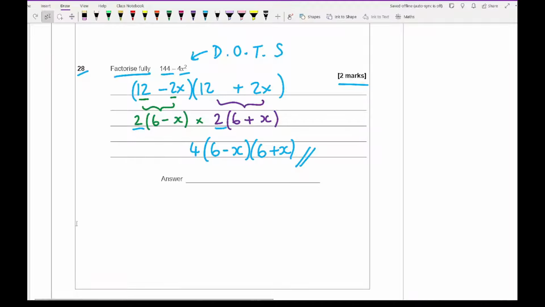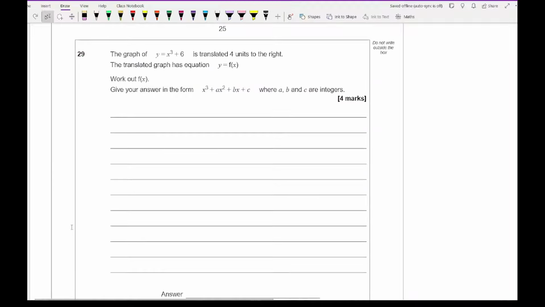Now looking at question 29, it says the graph of y equals x cubed plus 6 is translated 4 units to the right. The translated graph has the equation y equals f of x. Work out f of x, giving your answer in this form. If a graph has been translated by 4 units to the right, then basically that means x becomes x minus 4.